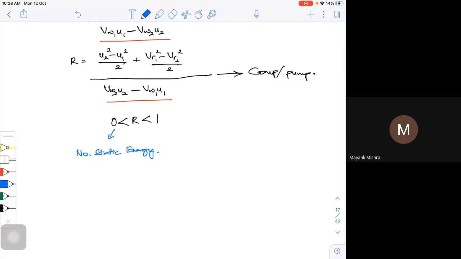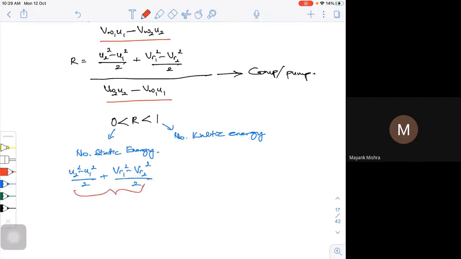Then when it is 1, there is no kinetic energy. What is it actually? No static energy means U2 square minus U1 square by 2 plus VR1 square minus VR2 square by 2 is 0.